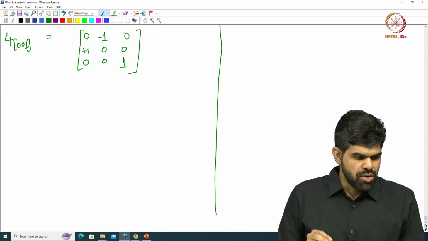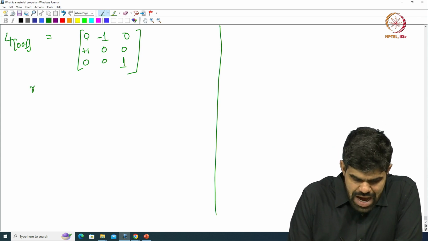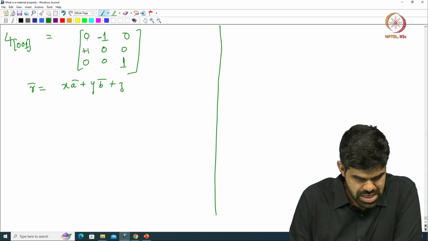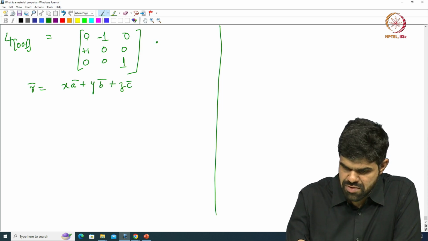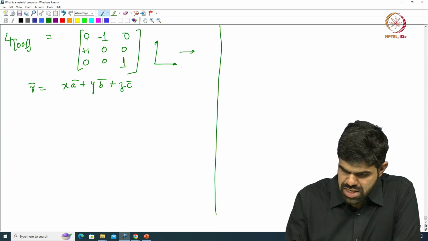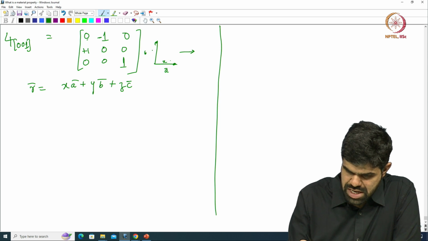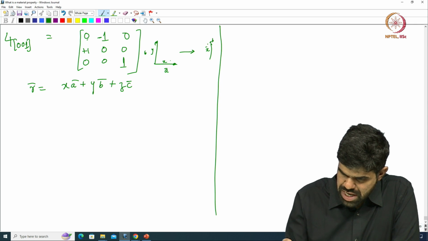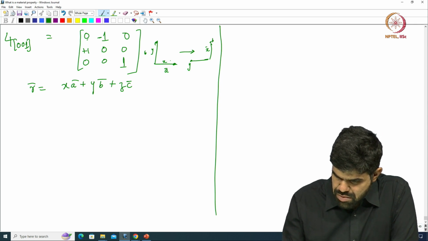Okay. Now, if R is x a plus y b plus z c, right. So, the way this transforms, after transformation, this is along the a axis, so I have x vector, and this is along the b axis, I have y vector. So, the x goes here along the b axis, and my y goes here along the a axis, along minus a axis rather.